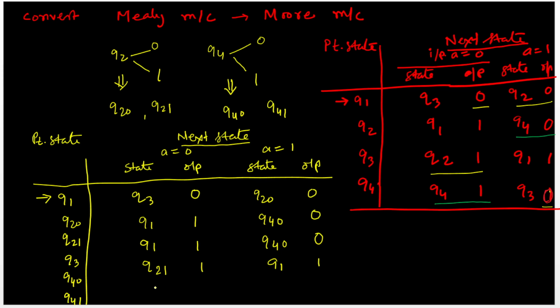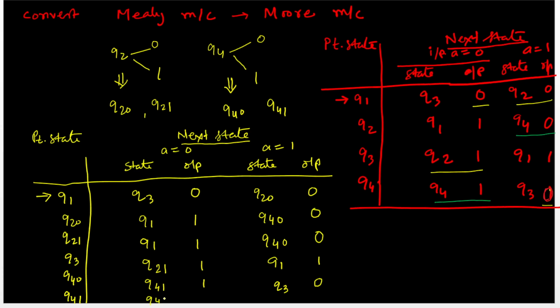Now Q4 0, the output associated is 1, so we can write Q4 1, output is 1, and for Q3, its output remains the same, so we can write 0. For Q4 1 it will remain the same, Q4 1, output is 1, and Q3 it will be 0.